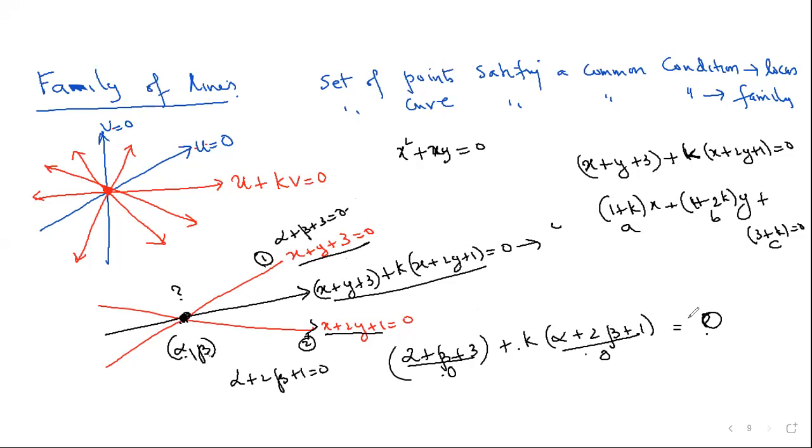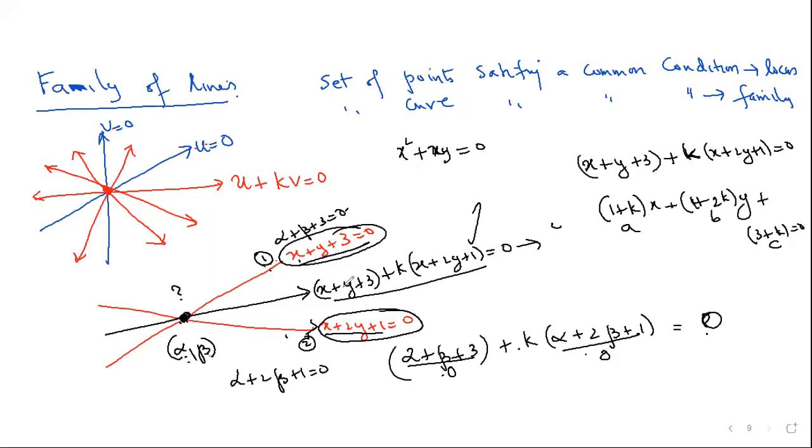Sir, can you explain the last step again where you said that both the equations? Listen. When can I say this point is a point on this line? When it satisfies the equation. Now I am proving that it satisfies the equation. How am I proving it? Because it is a point of intersection of these two red lines, it should satisfy this equation and this equation.